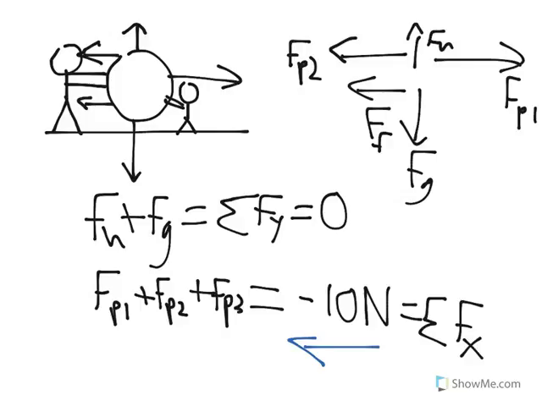So because of this, the rock, even though there's 5 or 6 different forces acting on it, behaves exactly the same as a rock that's floating in outer space with one force that's pointing in the negative direction with 10 newtons. What this means is, in very complicated situations, where there's lots of forces and it's hard to imagine what they're all doing, we can simplify it down to one very simple force, and then do our problem from there.